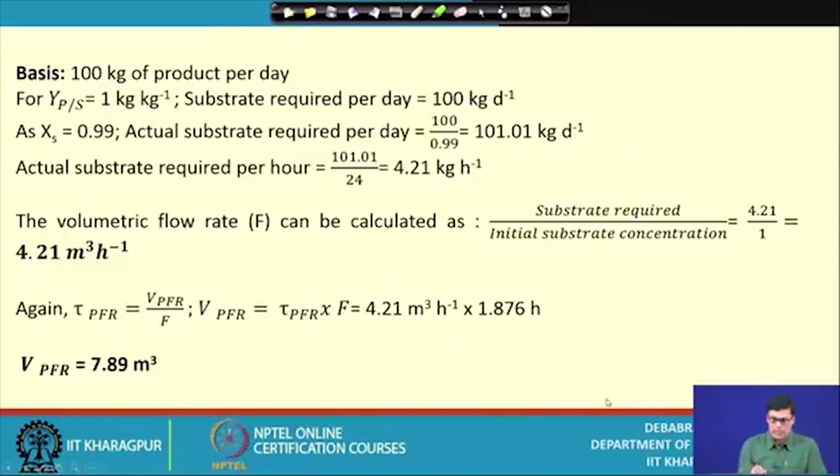Now, in the previous problem we already found the flow rate, and tau plug flow reactor is the volume divided by the flow rate. So the volume of the plug flow reactor we can easily calculate as 7.889.